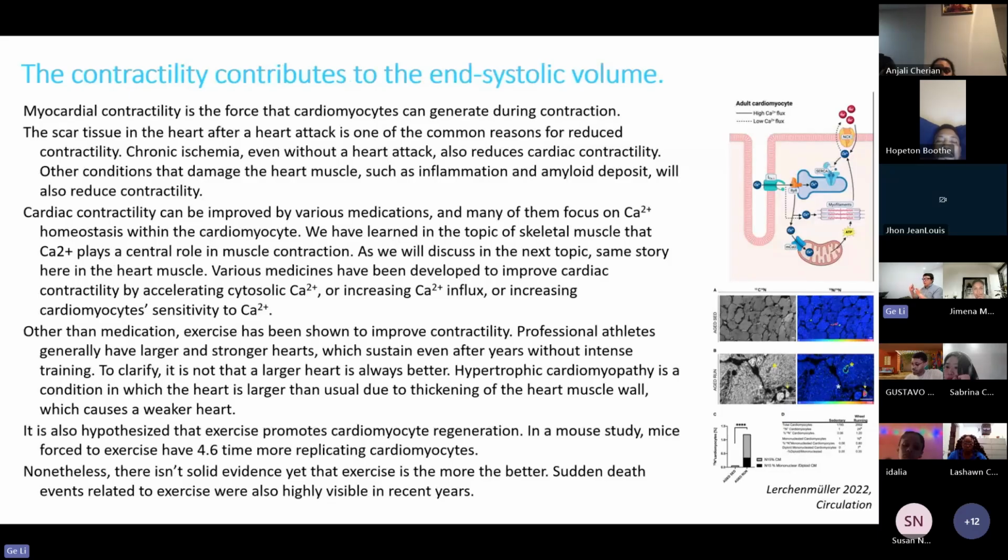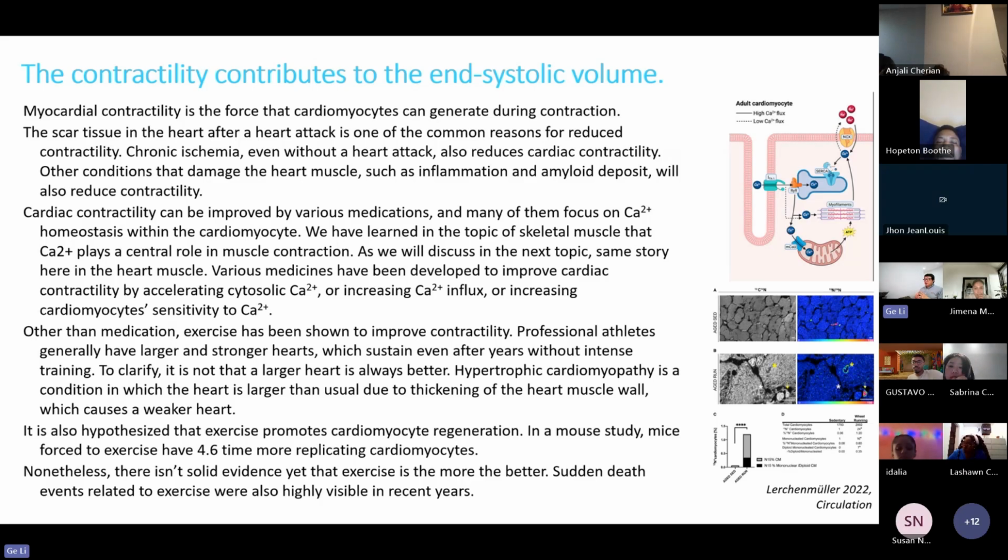Really, this is the load. We have preload and afterload, and this is a real load here: how the heart can contract. Contractility means how strongly the heart can contract, and this can be weaker or stronger. How can it be weaker, or how can it be stronger?